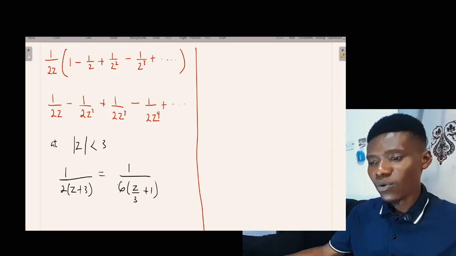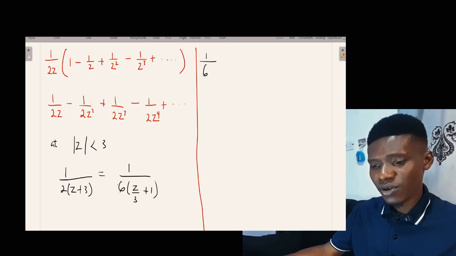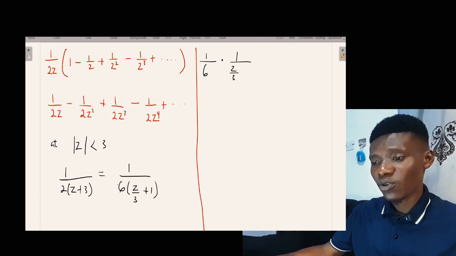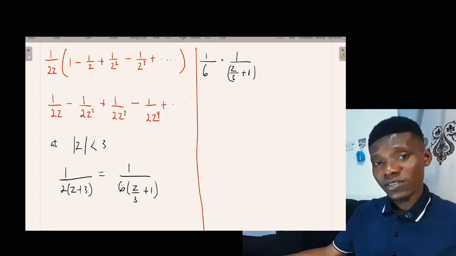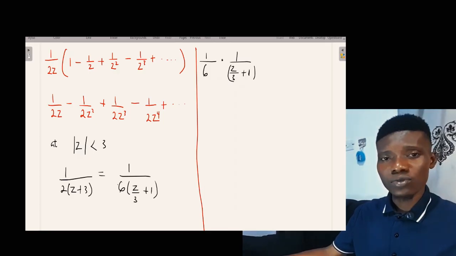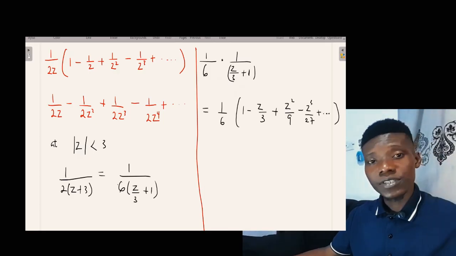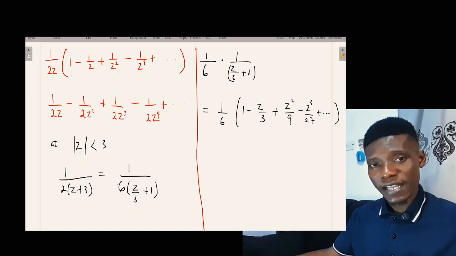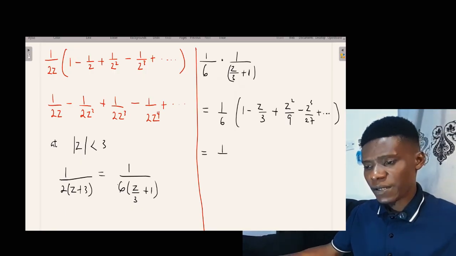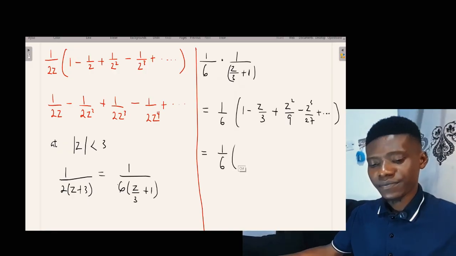Then what are you going to expand into a Taylor series? You are expanding 1 over z over 3 plus 1. So do this same thing using Taylor series. You can pause the video to do that. Now, this is what you get. If your answer is not the same as this, you can try again. So now the next step is 1 over 6.